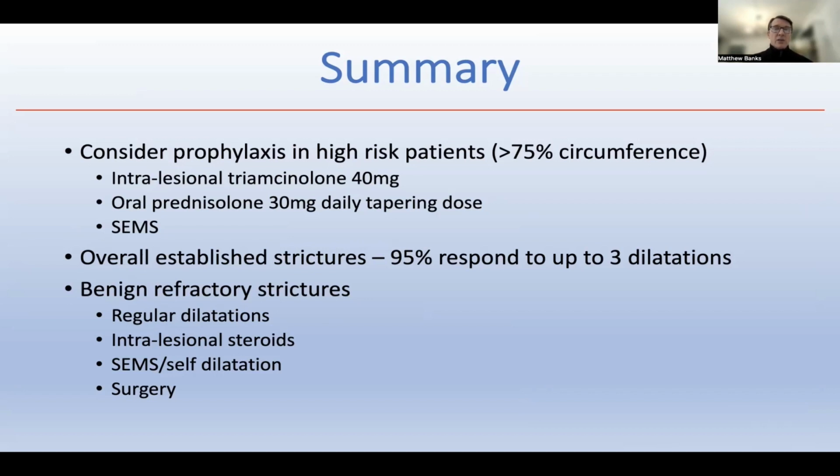So in those who are considered to be high risk, i.e. those with greater than 75% circumferential resection, consider a form of prevention, including intralesional or oral steroids, or self-expanding metal stents.